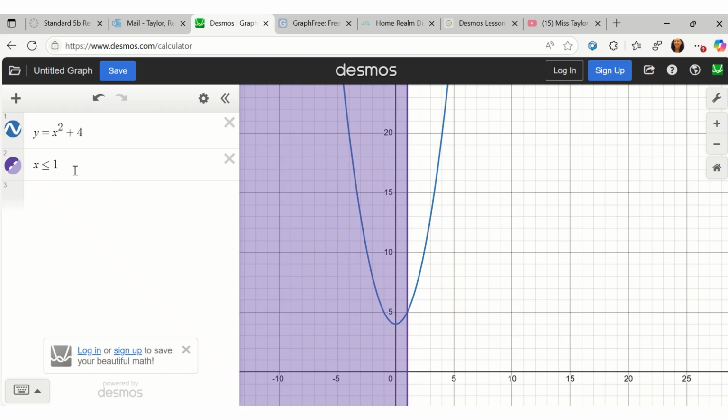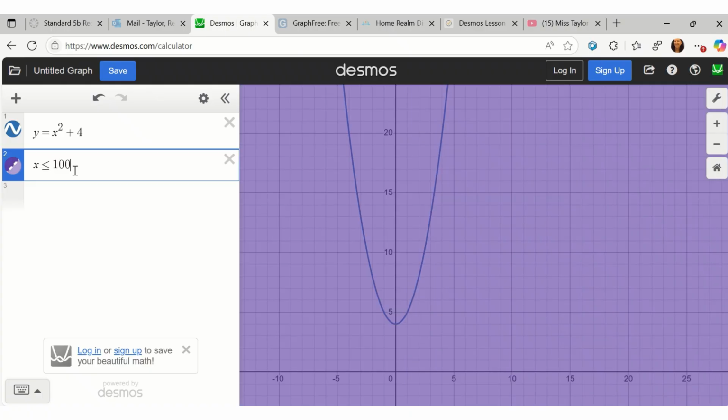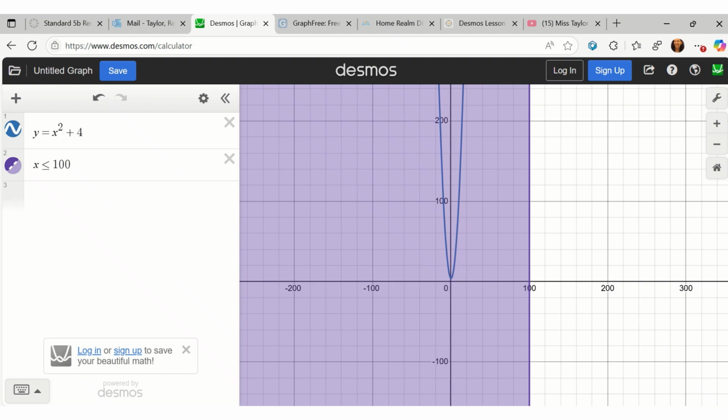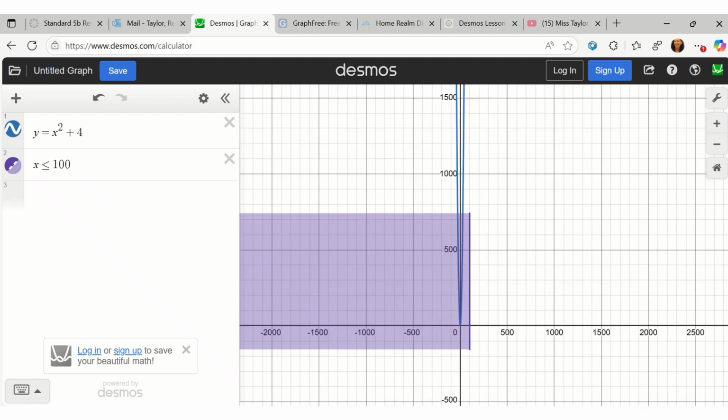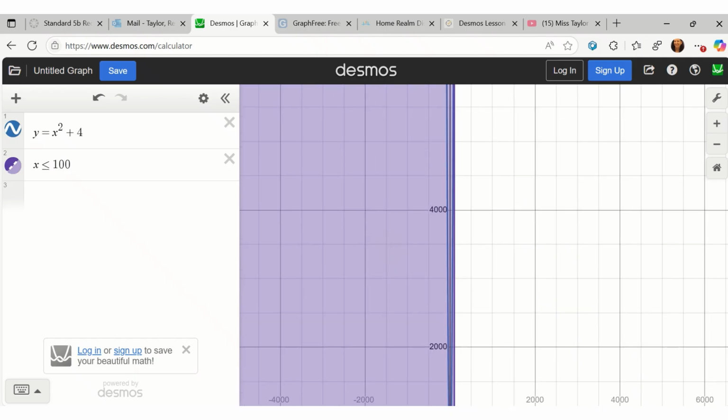And so you might say, well, what about if I do x is less than 100? Well, now it looks like I've covered everything, but what if I zoom out? I keep zooming out, and it's really hard to see.